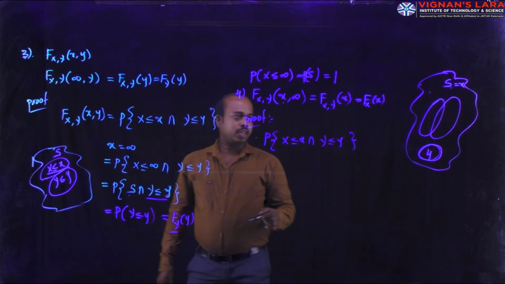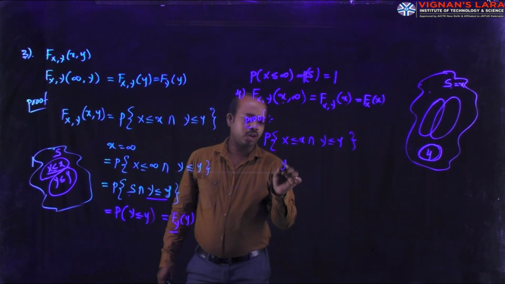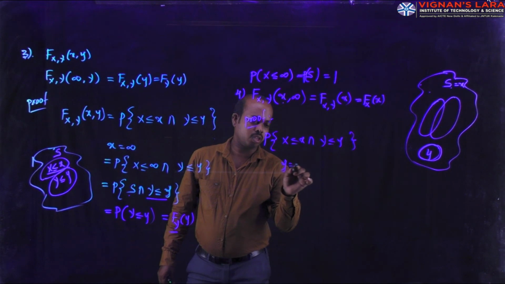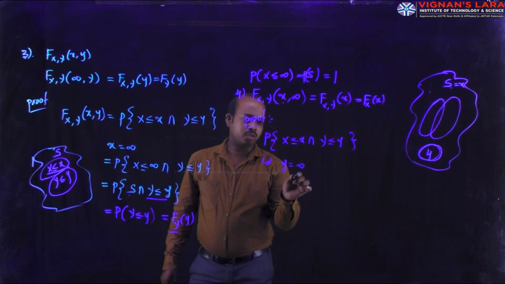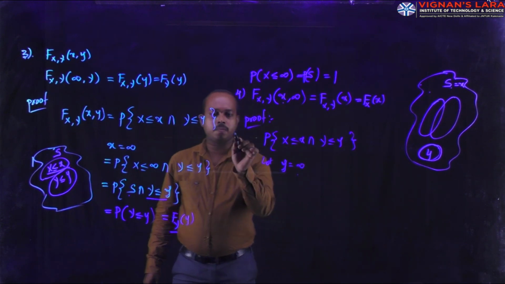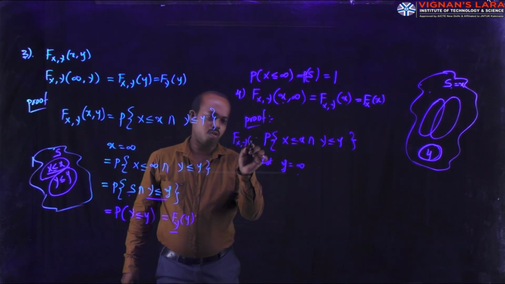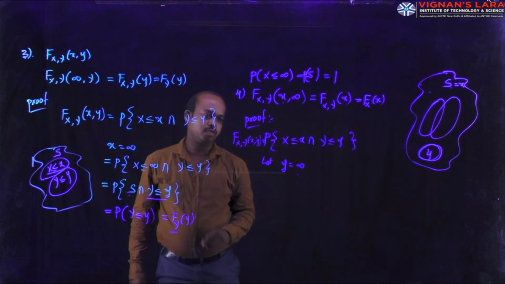Here, which quantity can we make infinite? Small y is equal to infinity. You can put this value in the joint distribution function F of x comma y of x comma y.